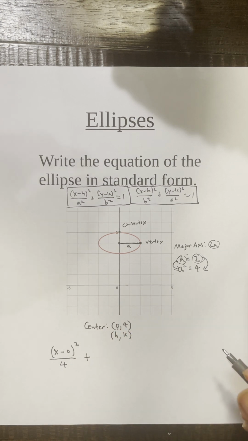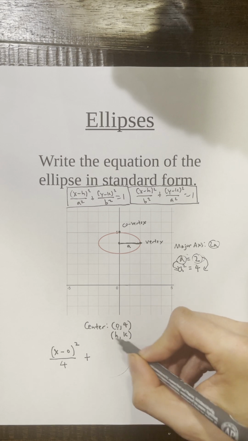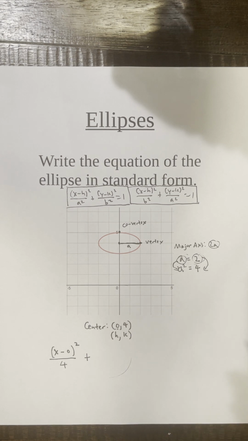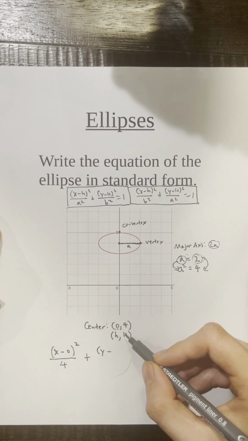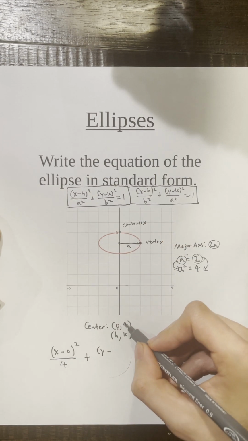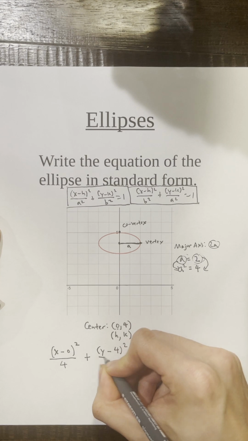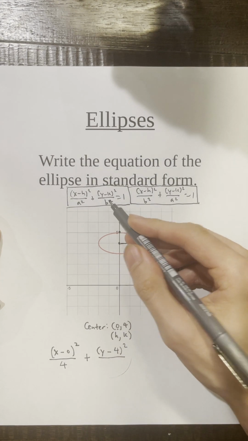Okay, now I want you to pause the video and copy my steps for this part. Well, not exactly copy, but kind of replicate it. Okay, what did you get? So it's going to be y minus k, and k is 4, over b squared.